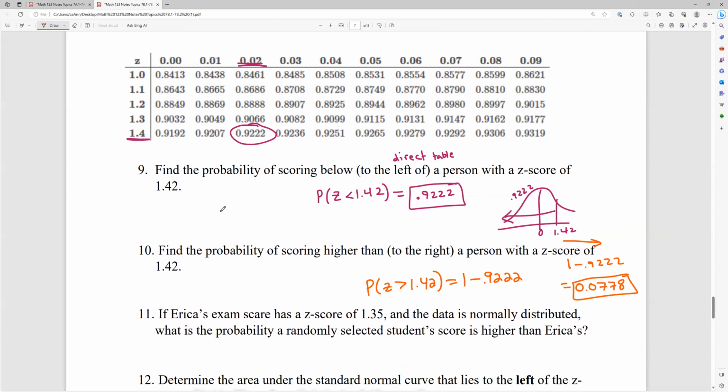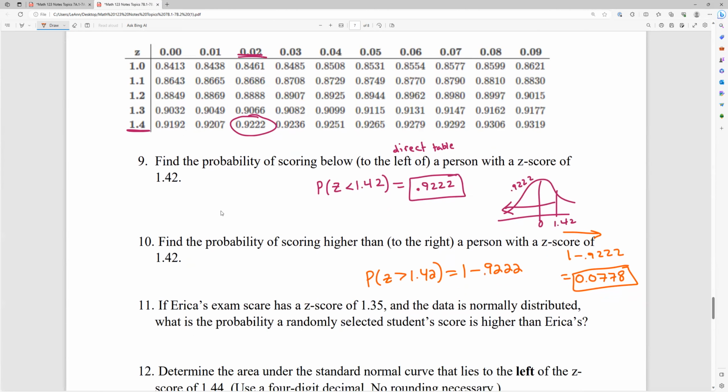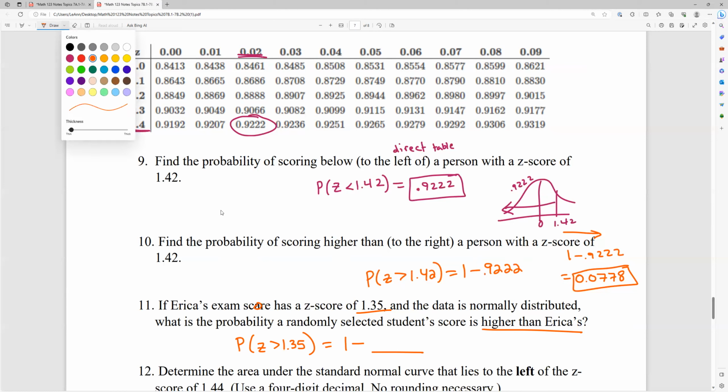Okay. If Erica's exam score is a z-score of 1.35 and the data was normal, they're just telling you you can use the chart. What is the probability that a random student scored higher than Erica? That's another thing. You have to read your question and you have to know if you're going higher or lower. So this is asking the probability that we have someone scoring better than Erica, so greater than. So we're going to be doing 1 minus whatever probability we find for 1.35.